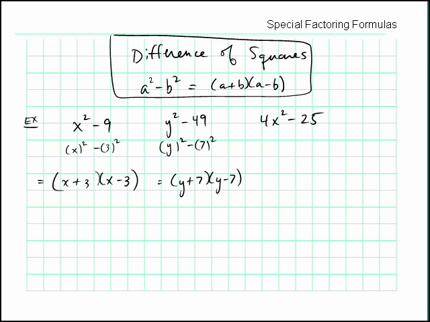4x squared minus 25 is also a difference of squares pattern. It is 2x squared minus 5 squared. And so in this case, the 2x is like the a in the pattern and the 5 is like the b. So following the pattern, again, we will have 2x plus 5 and then 2x minus 5.